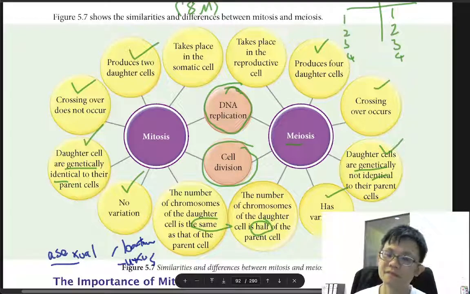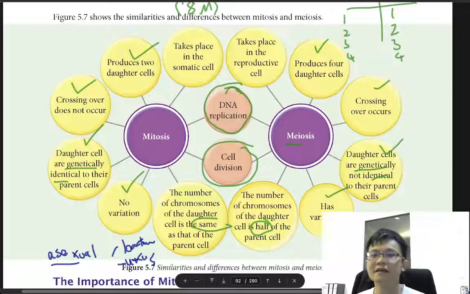And mitosis has no variation, and meiosis has variation. One more: in mitosis, crossing over does not occur. In meiosis, crossing over occurs.